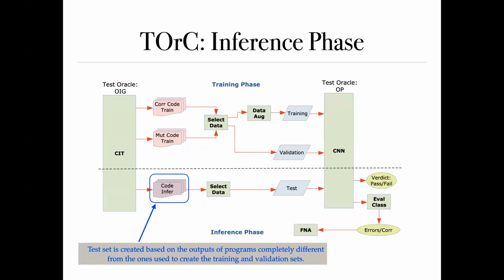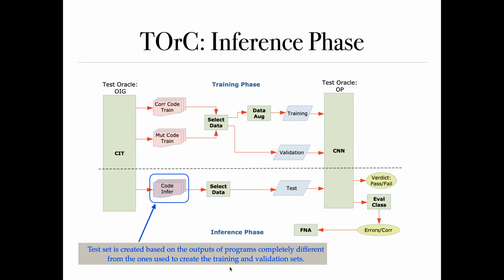For the inference phase, the test set is created based on the output of programs completely different from the ones used to create the training and validation sets. This is very important because we want our method to be general enough.